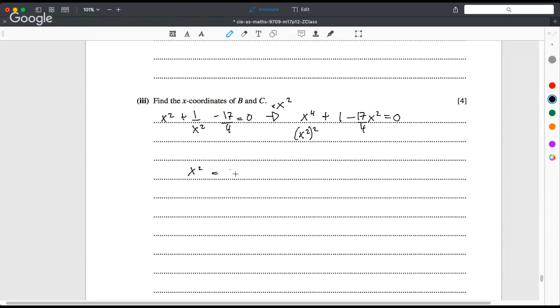So x squared is 17 over 4 plus or minus the square root of (17 over 4) all squared minus 4 times 1, all over 2, which is 17 plus or minus 15 over 8. And so this is equal to either 4 or 1 over 4.